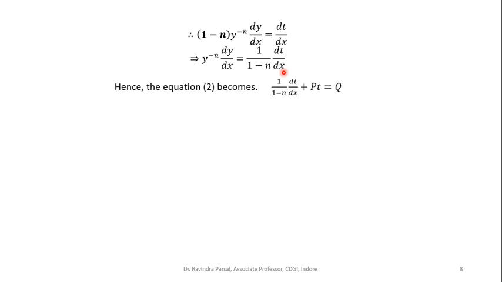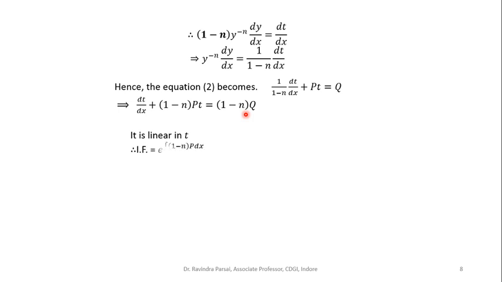And on putting this in the previous equation number 2, it gives you this pattern. Or we can write dt by dx, by making the coefficient 1, plus 1 minus n of p of t equal to 1 minus n of q. So this is the linear equation in t.